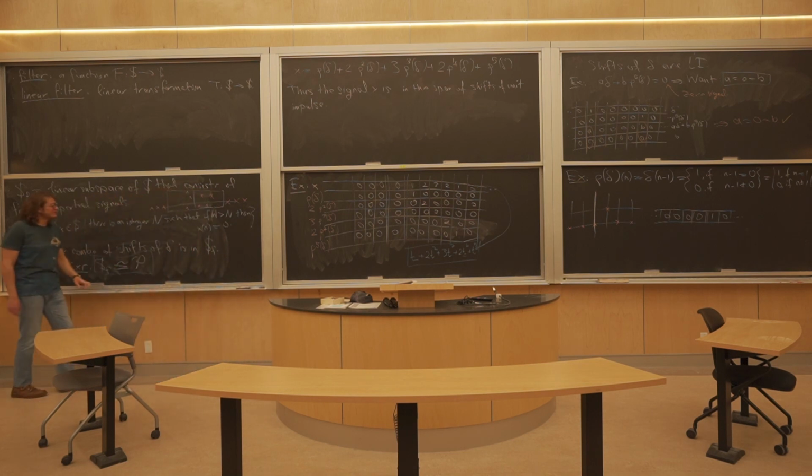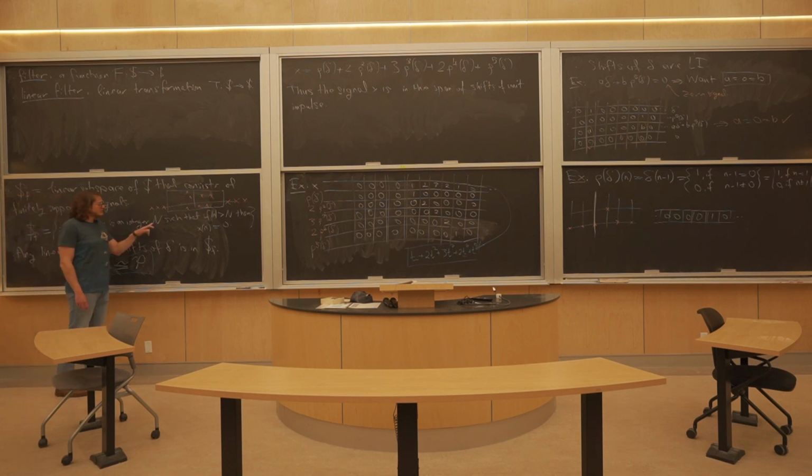The reason why this is slightly cumbersome to use is that this integer is not uniform. So given any signal, the integer may change. So the box shifts around, and that makes things a little hard to write down, perhaps.